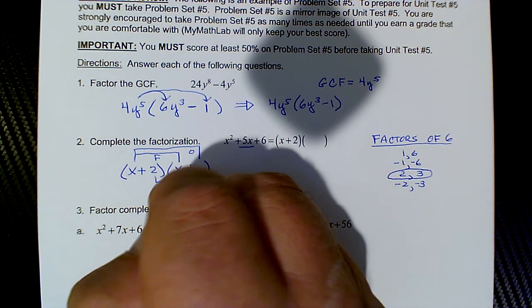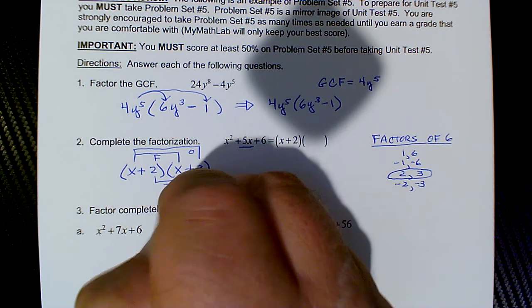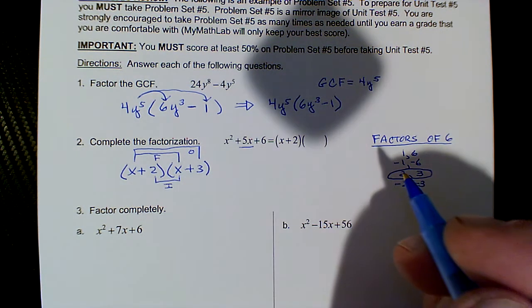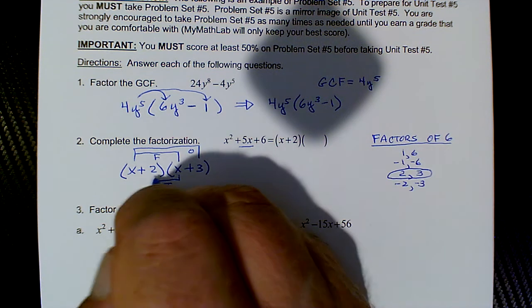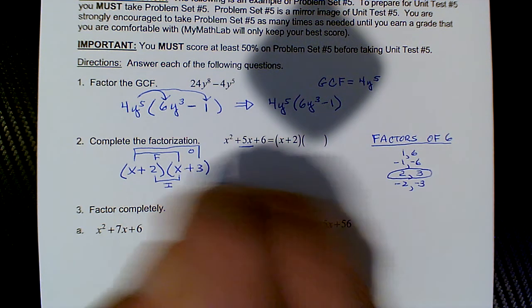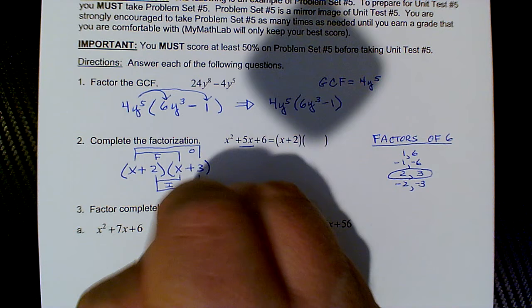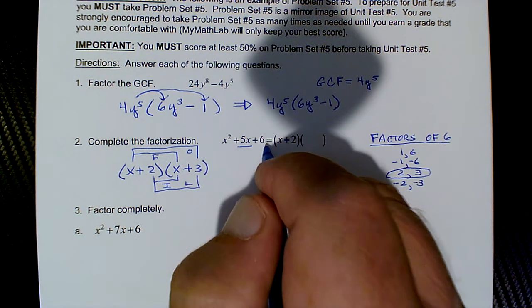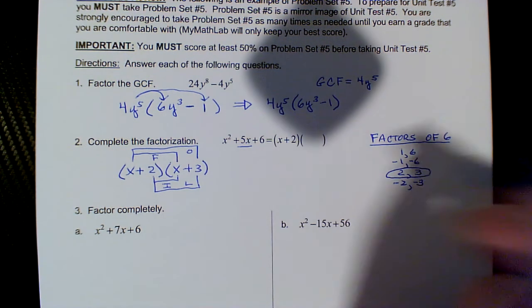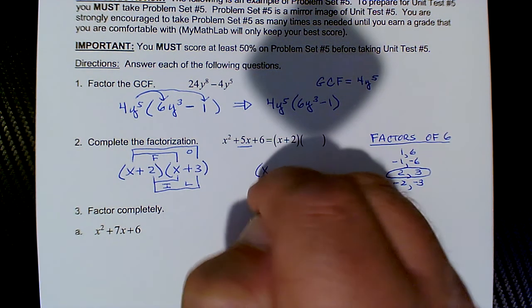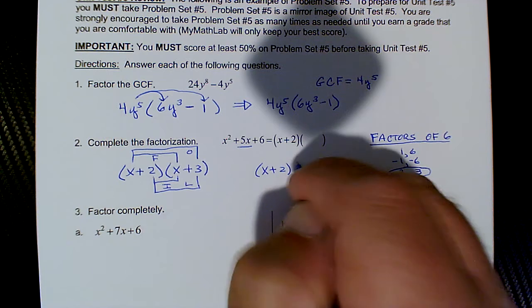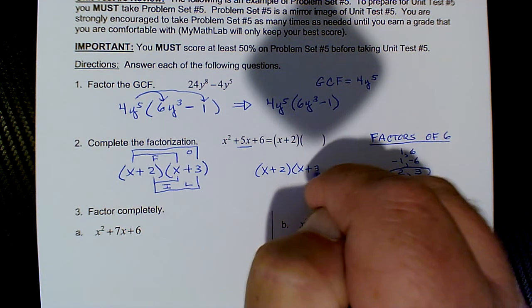So if we put a positive 3 here, the outer product gives us 3x, and the inner product gives us 2x, which combines to give us the 5x. And then we could check to see that the last terms multiply to give us the constant 6. So the correct factorization, x plus 2, x plus 3.